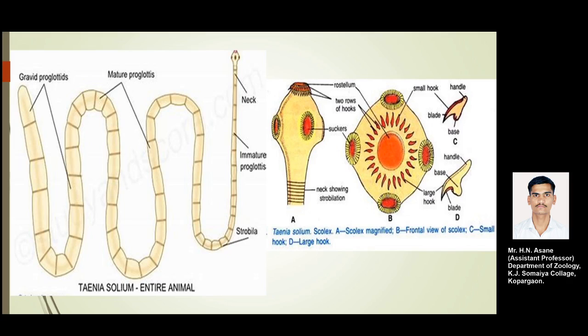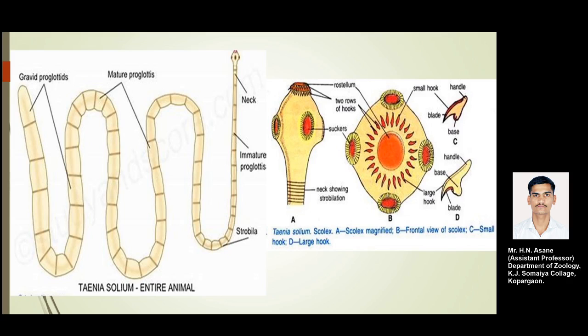There is a conical part situated anteriorly known as the rostellum. The rostellum is armed with a double circle of alternating large and small hooks. In each circle, 28 to 30 curved, chitinous, outward-pointing hooks are present.